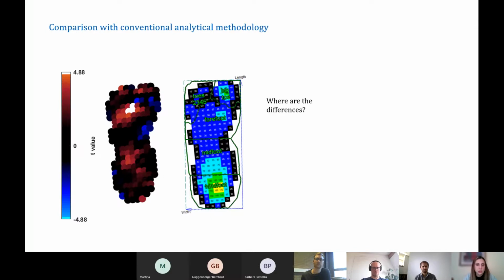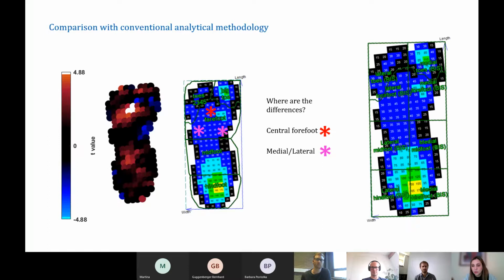The differences between new and confident walkers might have been detected in the central forefoot or in the medial or lateral forefoot. But if you consider a region as a whole, you don't have this detailed visualization of the differences. You might also think, okay, let's divide the foot into more regions so we are more precise.